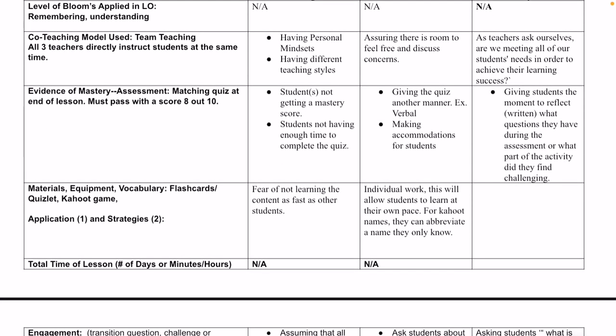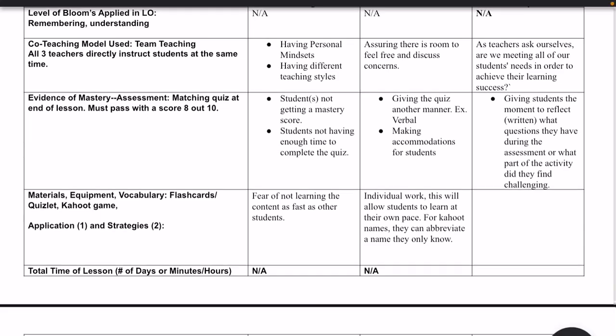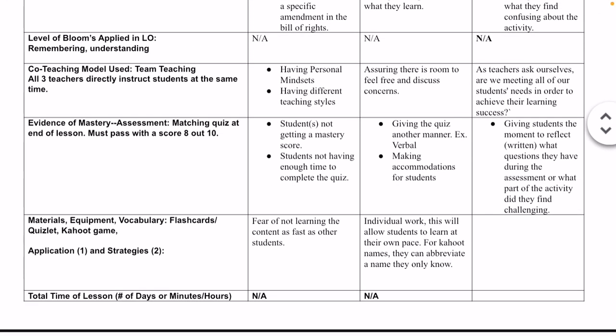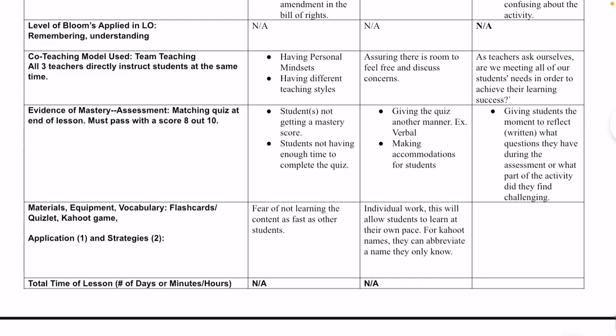their knowledge about that. So now going into the actual lesson, deeper in the lesson plan, we planned that me and my other team members would have different teaching styles, which could possibly be a barrier.